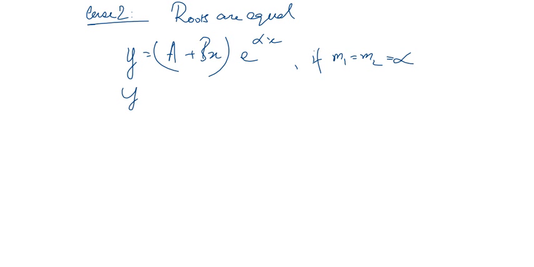So expanding, we find a e to the alpha x plus b times x times e to the alpha x.